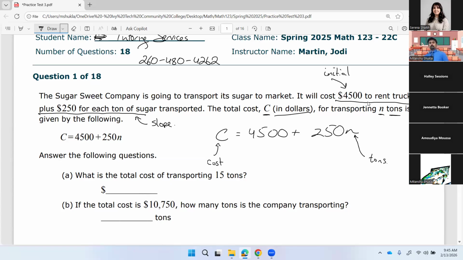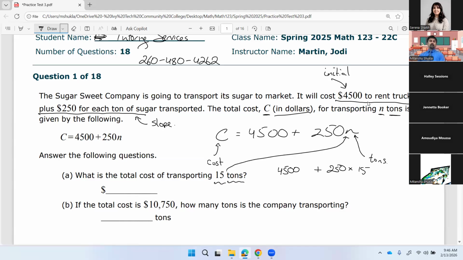Multiply it by the 250, right? Because they're telling us that this 15 is not just a number, but a number that represents tons, so I can plug it in for the letter that represents tons and multiply that by 250. Very good. That's going to be 4,500 plus 250 times 15.